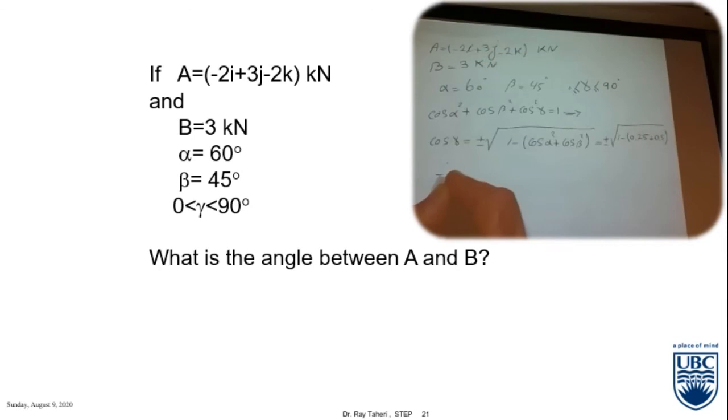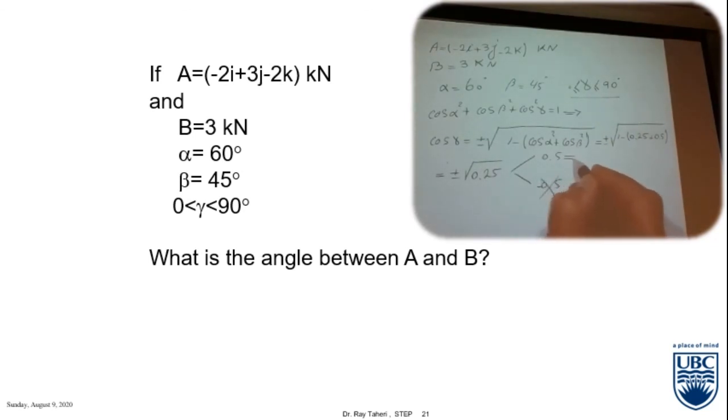And this answer right here is the square root of 0.25, plus or minus. So you might get two answers here for the cosine: 0.5 or minus 0.5. Because the range is given here, we definitely do not accept the negative one.